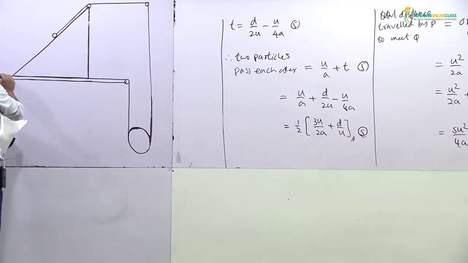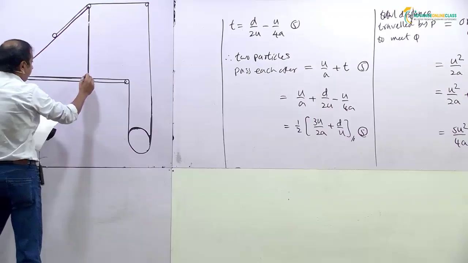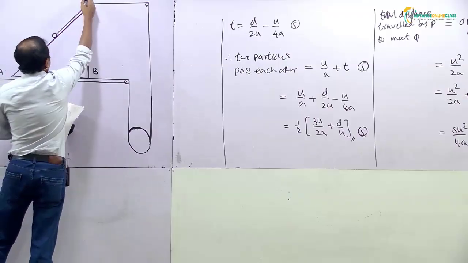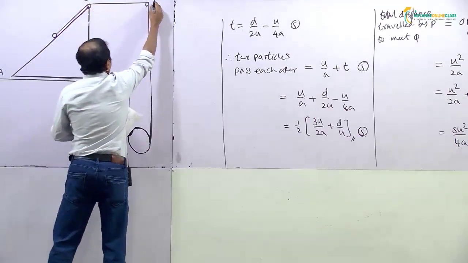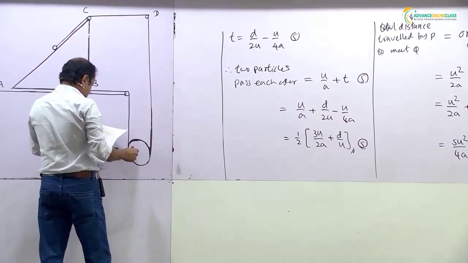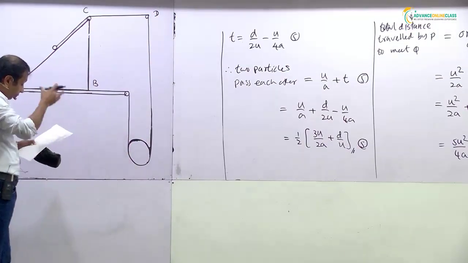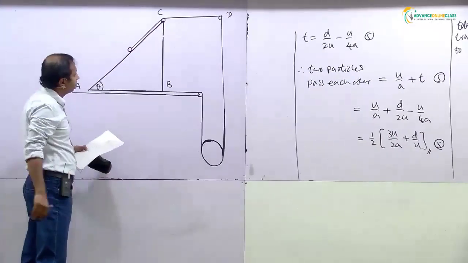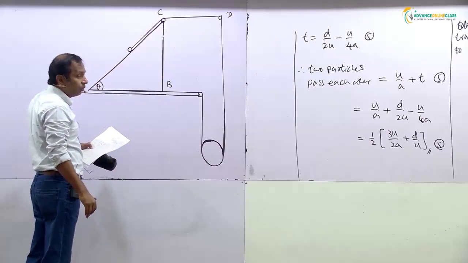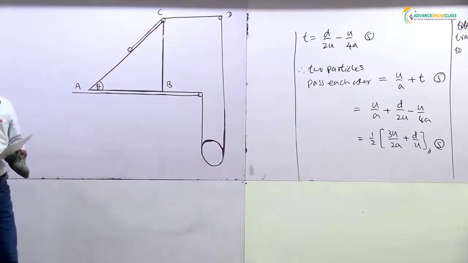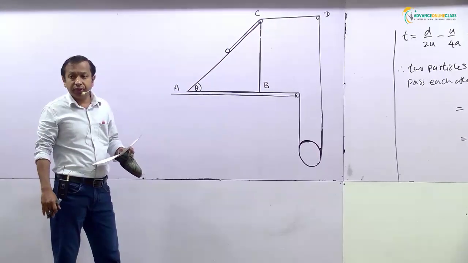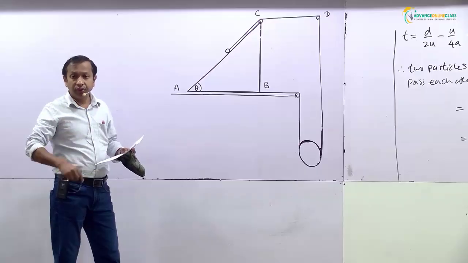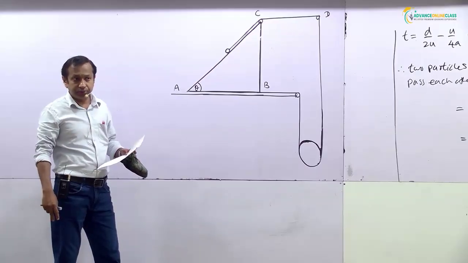Here A, B, C, D. Right. This angle given as theta. When you have this way a question, always mark all forces, all important things you have to mark. Then only you get full marks for the diagram.